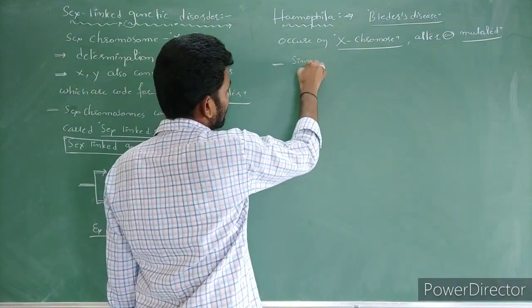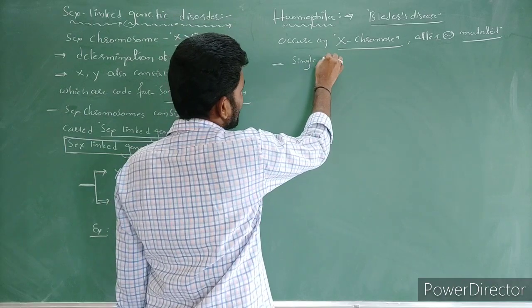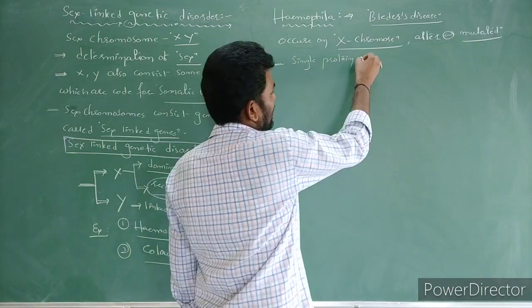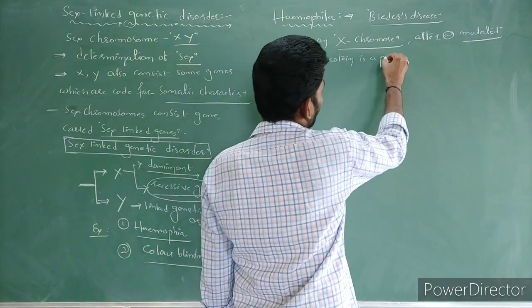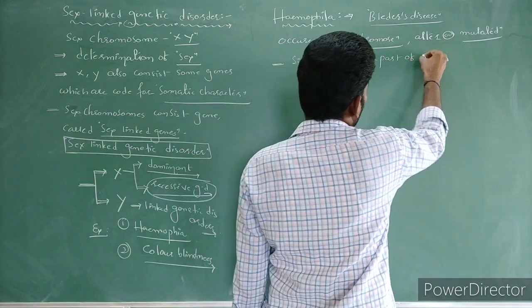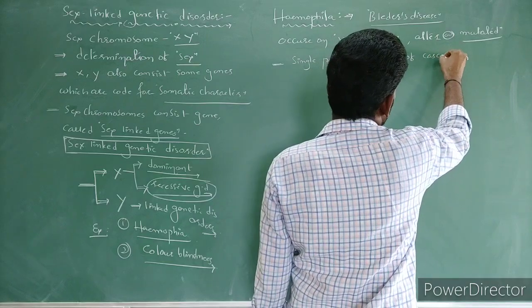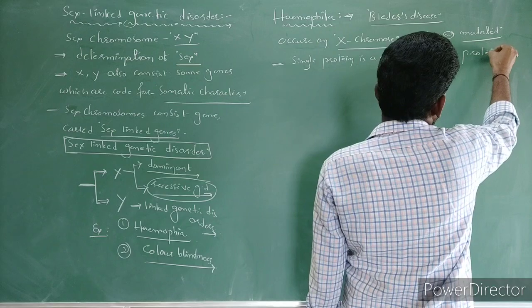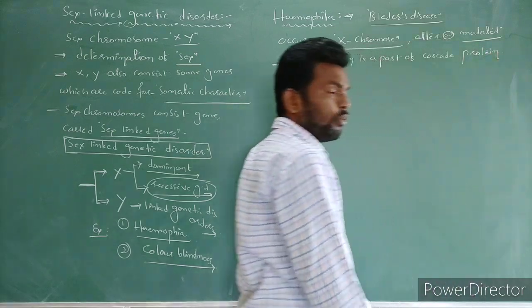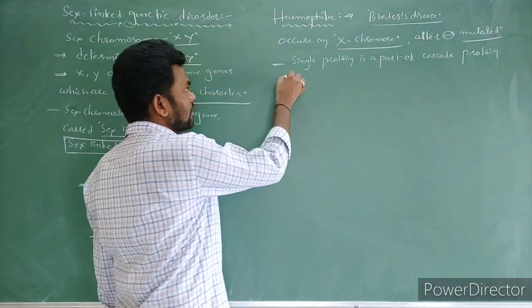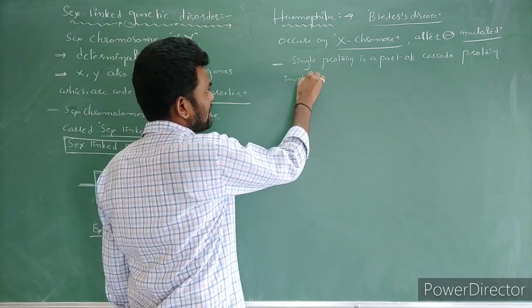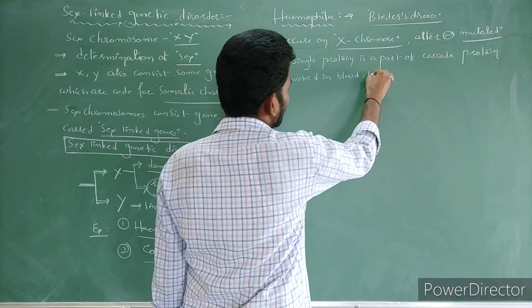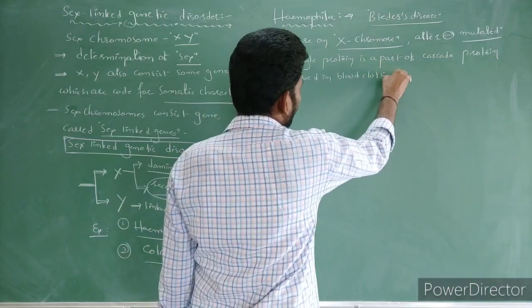A single gene or single protein is a part of a cascade of proteins which is involved in blood clotting.